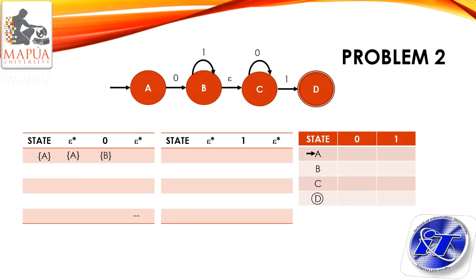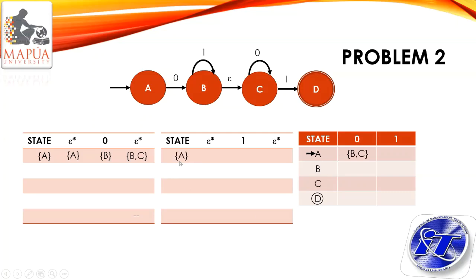Yes, it could reach B or C. So this will be the final path when A at 0. So we have BC for A at 0.